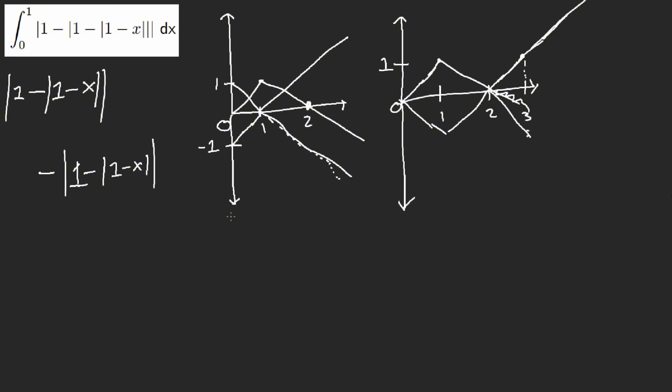That's a bad line. Okay, so negative 1. This should be negative 1 here, but I just drew the line very badly. I'm so sorry. But okay, negative 1.